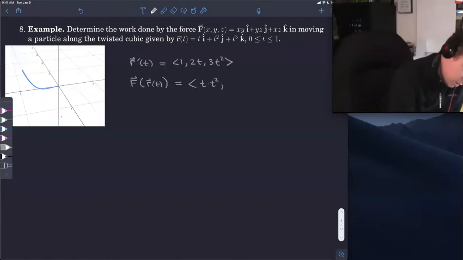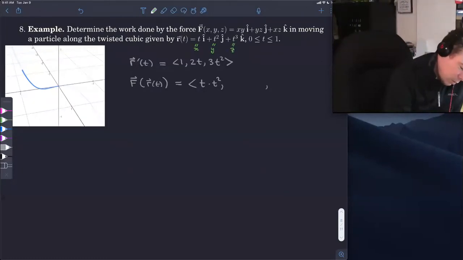My second component is y times z. Oh, sorry, I'm using the wrong ones. I'm using the ones from r prime of t when I should be looking up at r of t. So let's try it again. I think I did it right for the first component, but I've erased it, so now I can't remember. So x times y, that's t times t squared. I'm using the fact that this is x, this is y, and this is z.